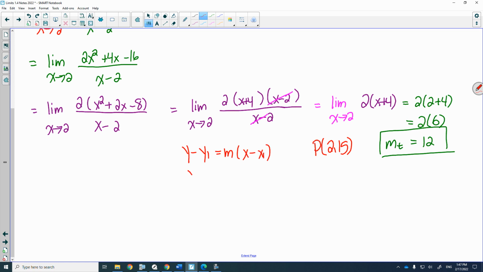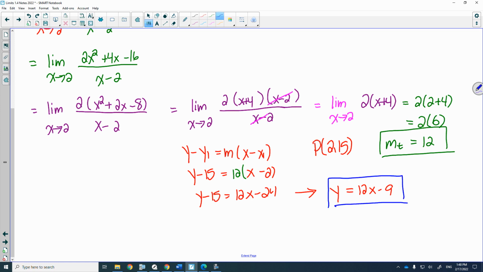So y minus 15 is equal to the slope, which is 12, times x minus 2. Let's distribute in that 12. Y minus 15 is equal to 12x minus 24. Then add 15 to both sides, and you are going to get the equation of the tangent line to be y is equal to 12x minus 9.